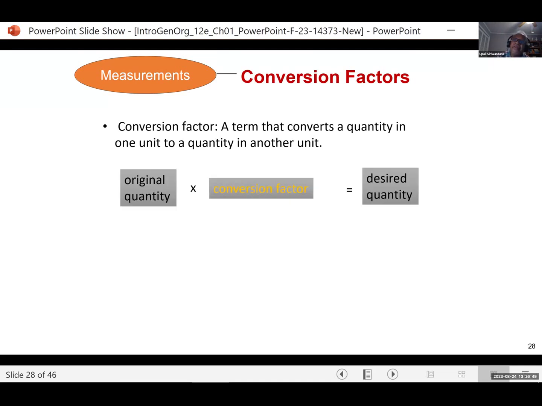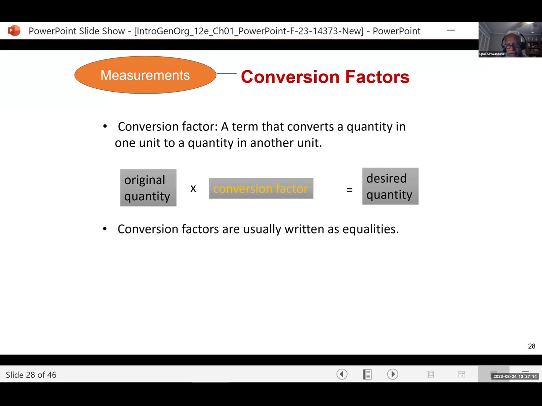The units are used as conversion factors to convert one measurement to another measurement in different units. A conversion factor is a factor that converts one unit to another.